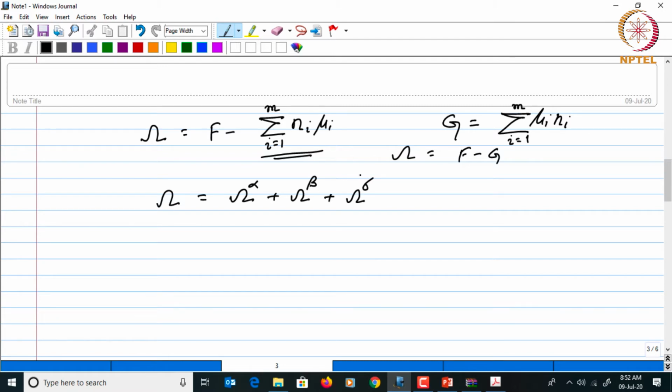Okay, so therefore this quantity, the interfacial quantity, can be written as this.